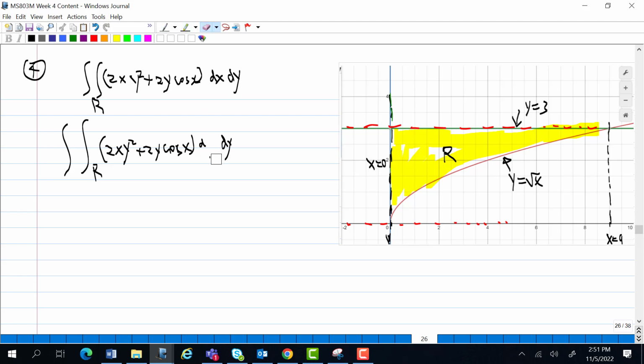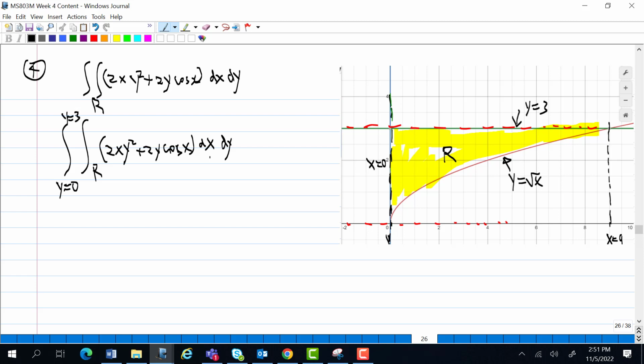So the value of y from the graph, sorry, is y equal to 0 to y equal to 3.